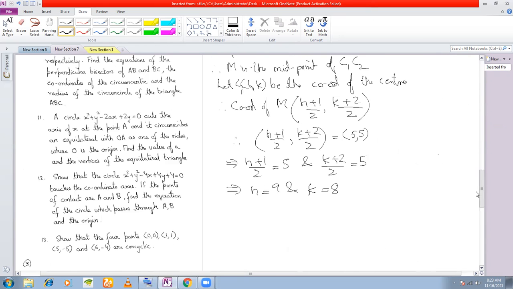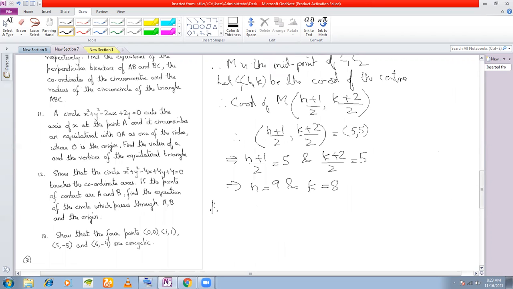So what should be the required equation of the circle? Hence, the required equation of the circle is (x minus h) whole square plus (y minus k) whole square is equal to 5 square, the radius being given as 5 units. And that is the required equation of the circle.